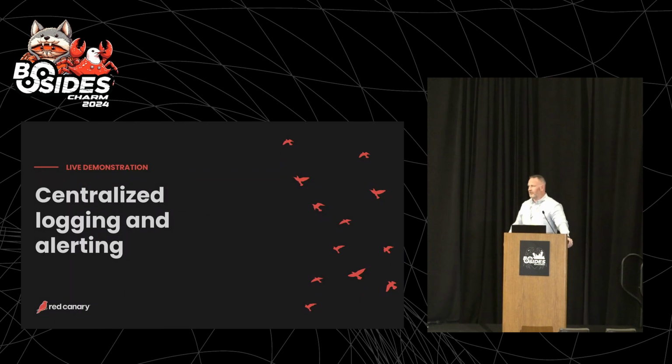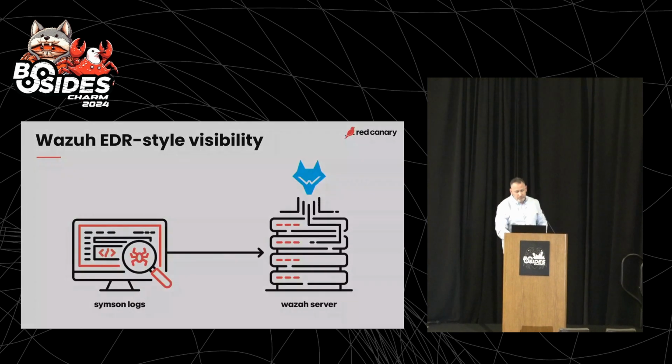All right, I've talked a lot. I want to show you some of the features and some of the information that we can get out of this by more of a live demo. So the first one we're going to look at is that EDR type of capability. In this case, we're going to use a free tool called Wazuh.